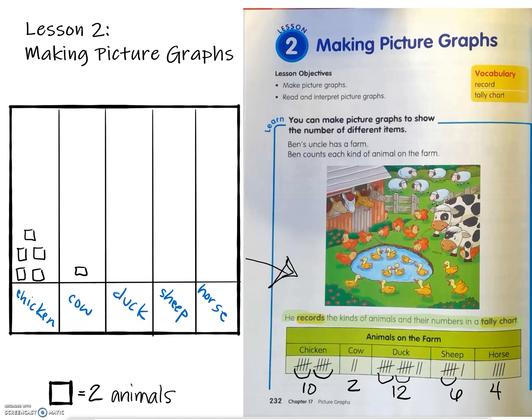There are 12 ducks, so 2, 4, 6, 8, 10, 12. And 6 sheep. 2, 4, 6. And 4 horses. And based off of my tally chart, I have now created my own picture graph.